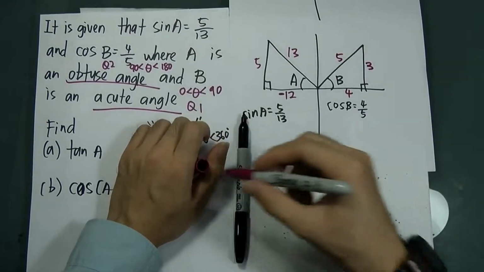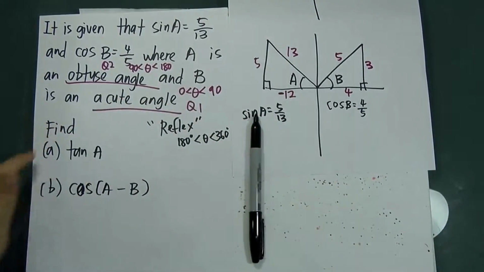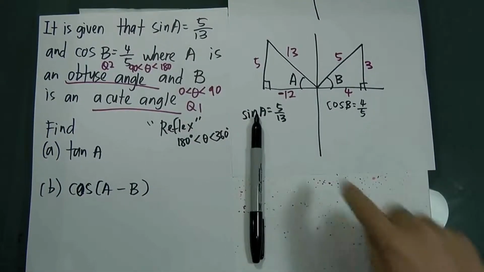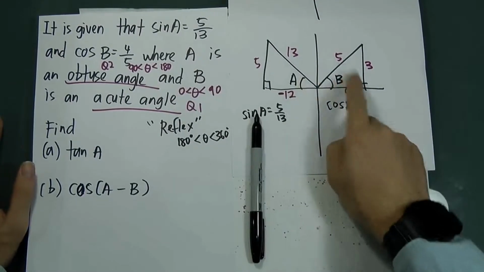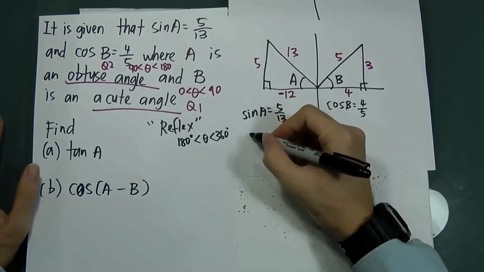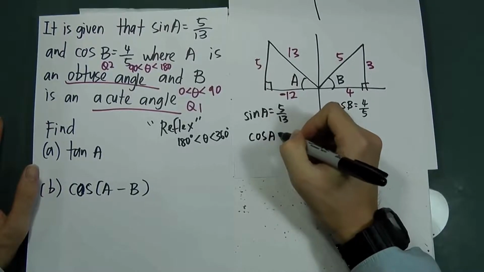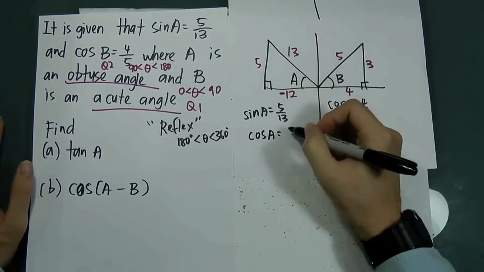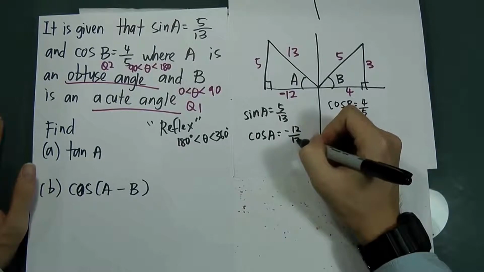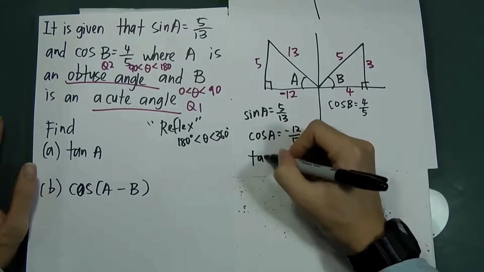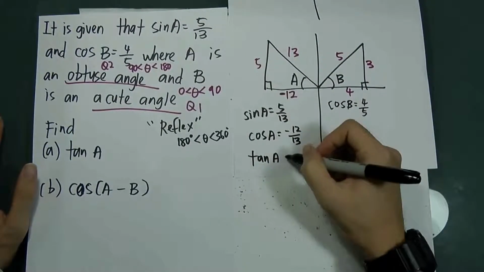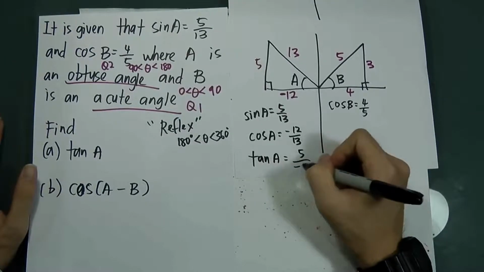Before you start to answer this question, you need to find all the sine, cos and tangent for A and B. We have sin A already, so I'm going to find cos A. Cos is adjacent over hypotenuse, so it is negative 12 over 13. Tangent A equals 5 over negative 12.